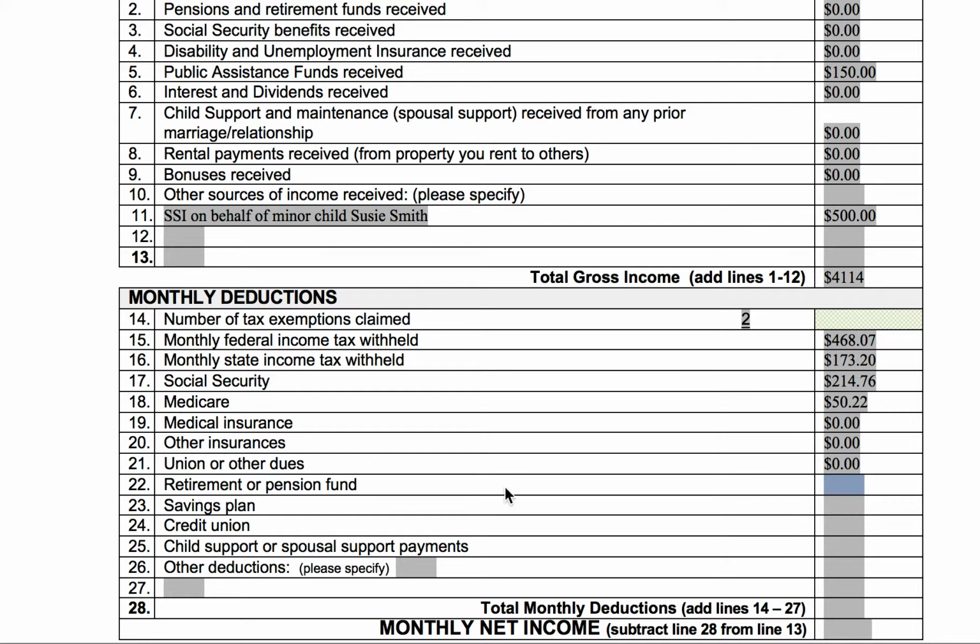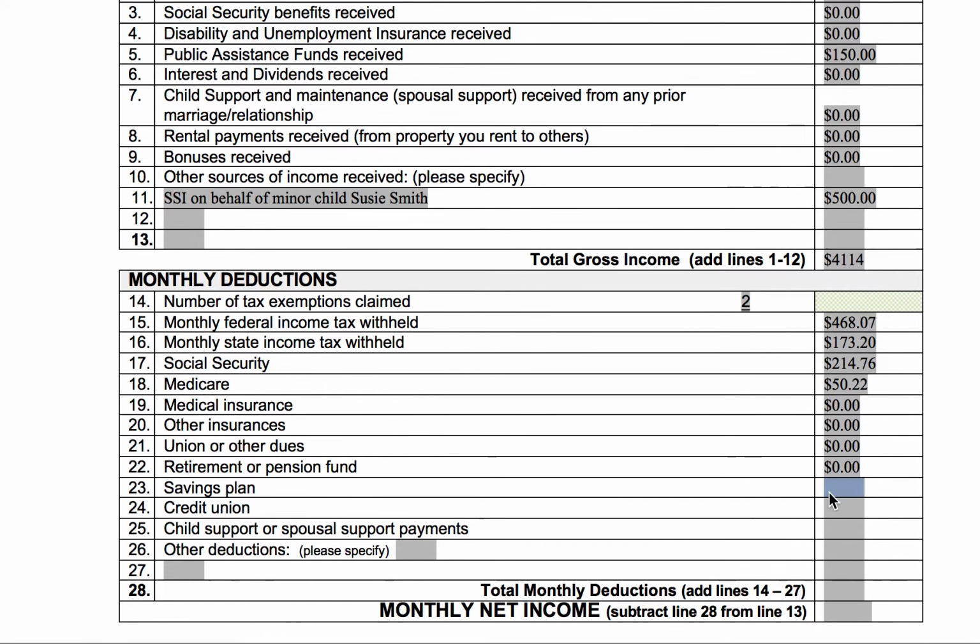If you're paying into a 401k or a 403b or an IRA or any sort of thing through your employer, again, where it comes automatically out of your check, then you'll go ahead and put that amount here, and you would see it on your pay stub if it's coming out, because these are things that are coming out before the money even gets to you. So it's not like if you have an auto payment set up on your bank account, that wouldn't be it.